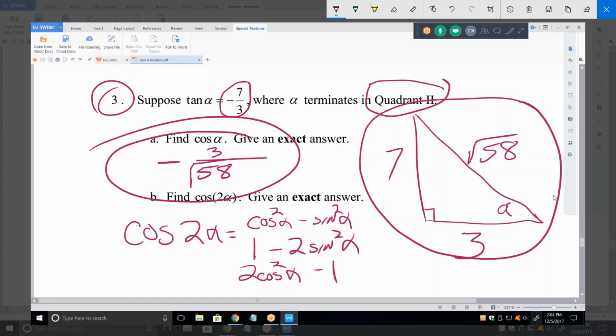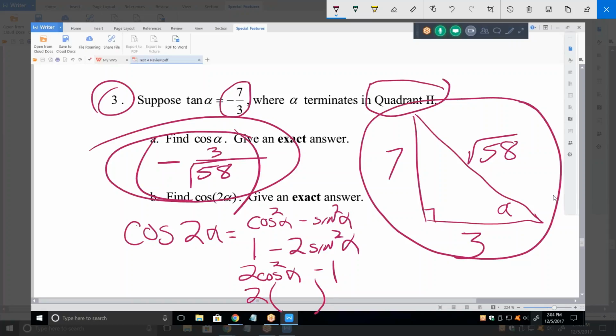So, plug in. What's cosine squared of alpha equal to? So it'd just be 3 over square root of 58 times 2. You got to square it. First of all, you got to put it in parentheses.